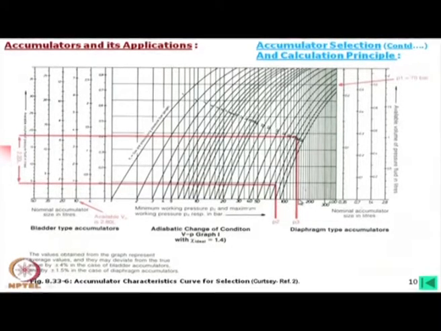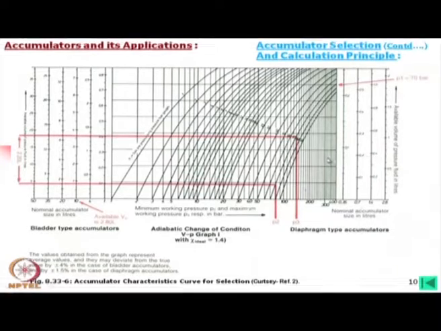Let us assume this is 150, say 140, 70 to 140 we are working. That means, within this pressure range and this flow range, these are the applicable areas. Our calculation and all estimation will be within this region, and here is the average volume of fluid in liters.